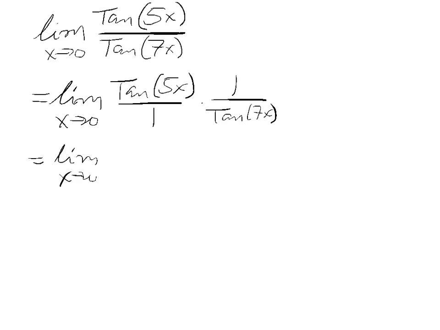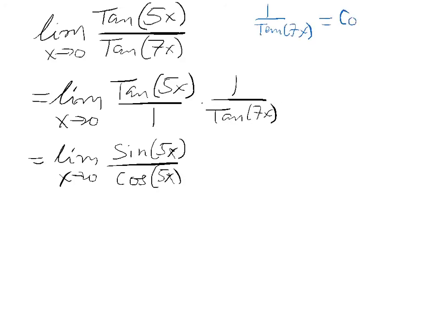And here I have, this is sine 5x over cosine of 5x. And then we're going to use a trig identity here. We have 1 over tangent of 7x, and that is the cotangent of 7x. And that is the cosine of 7x over sine 7x.